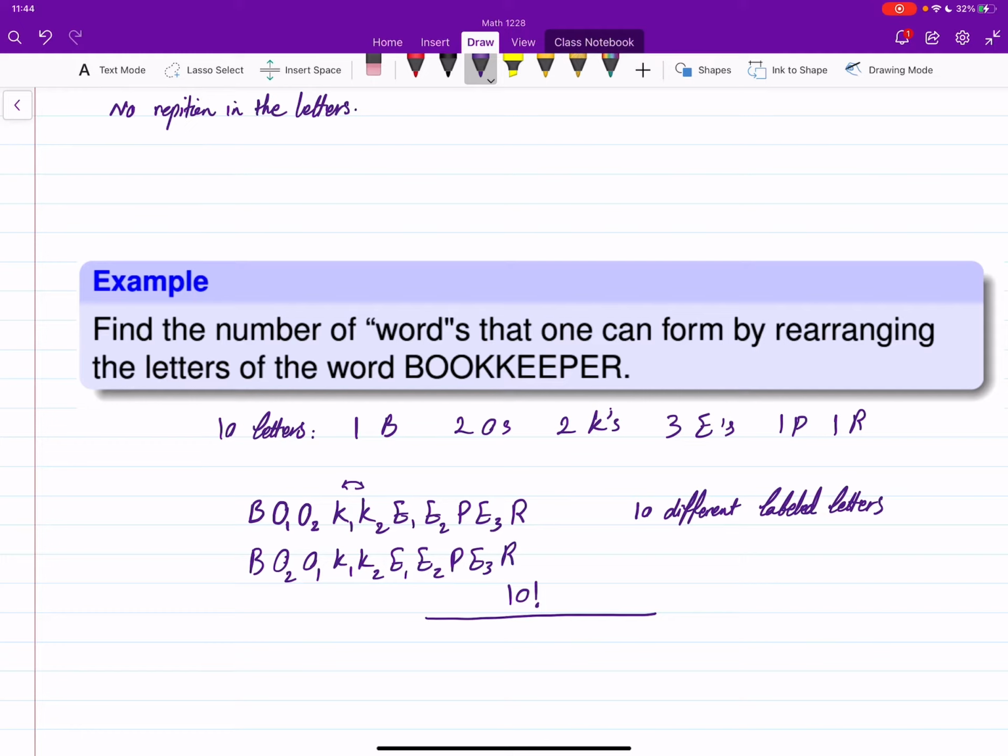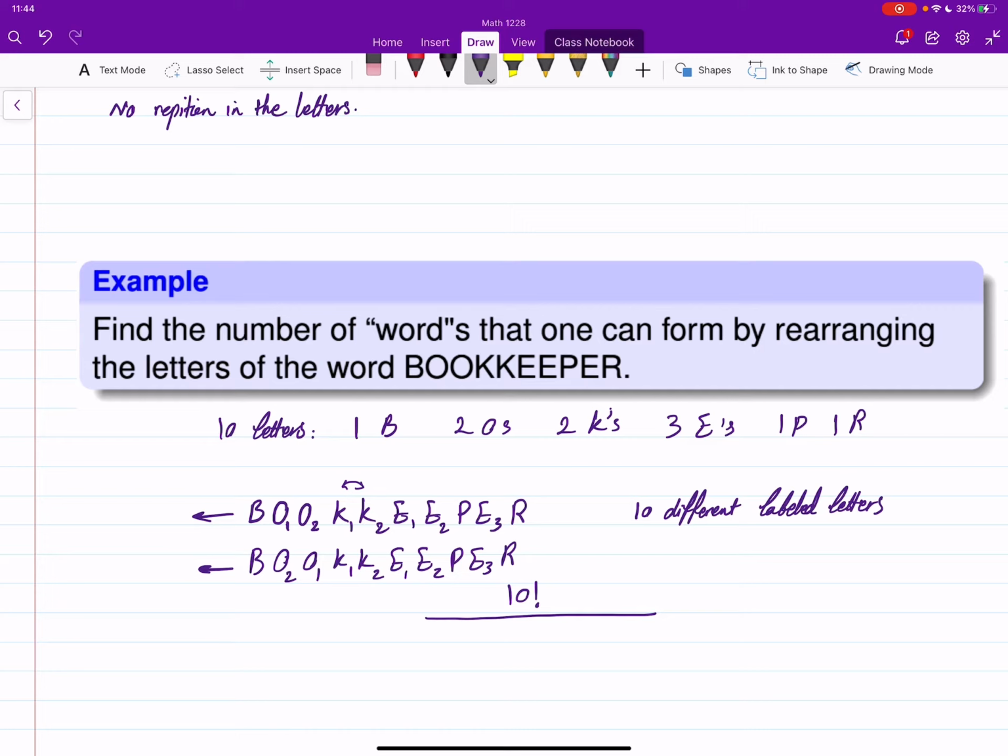When it comes to reading these things, we have to delete the indices or labels there. When I delete the labels, I have counted these things twice, but they give me the same thing. In other words, the permutations of the same letters won't change the word that we found. So we are over counting by the permutations of the similar letters.